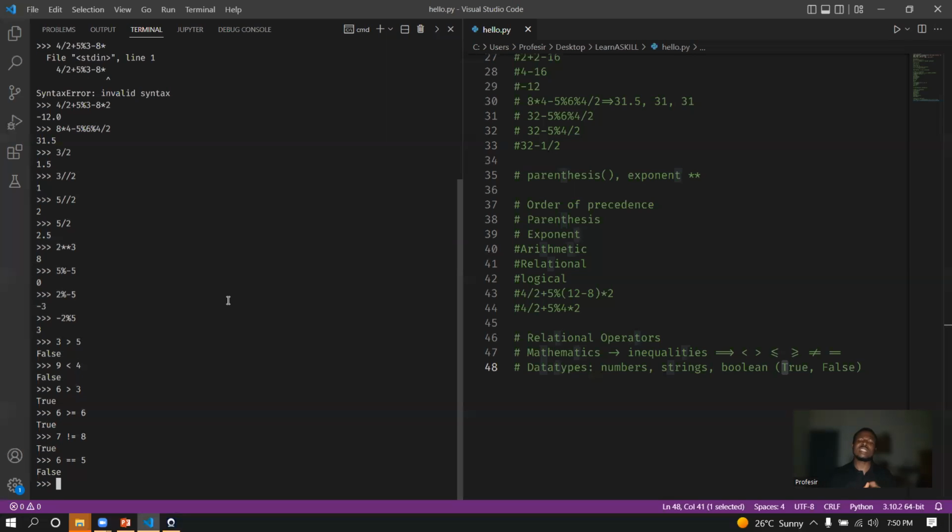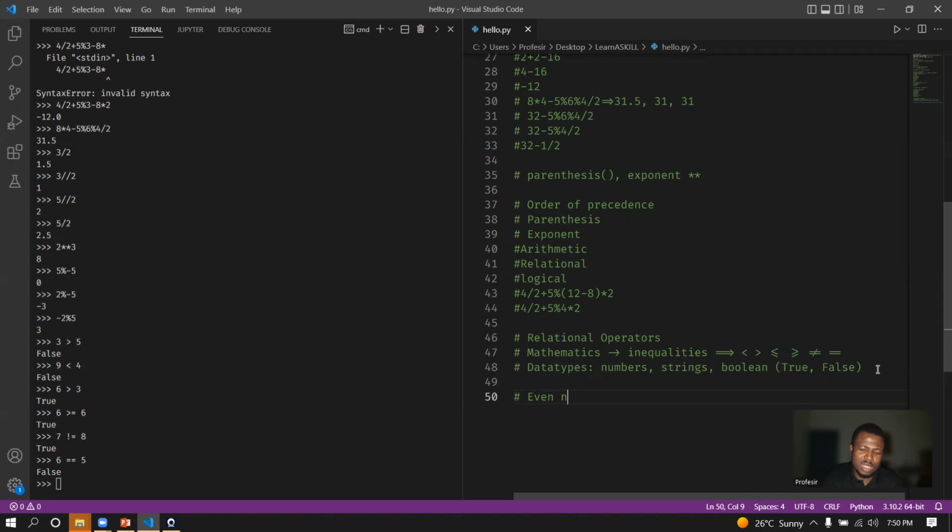So these are what we call the relational operators. So anytime you use them, you get a true or false statement. Is that okay? So for instance, if I want to check whether a certain number is an even number or not, let's see how we can teach the computer how to find even numbers. First of all, we need to know what even numbers are.